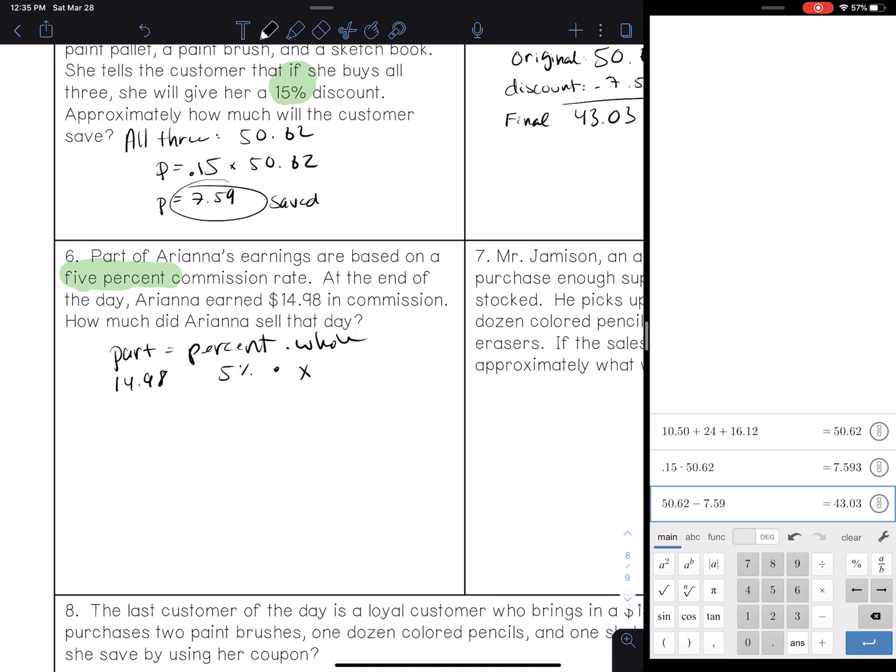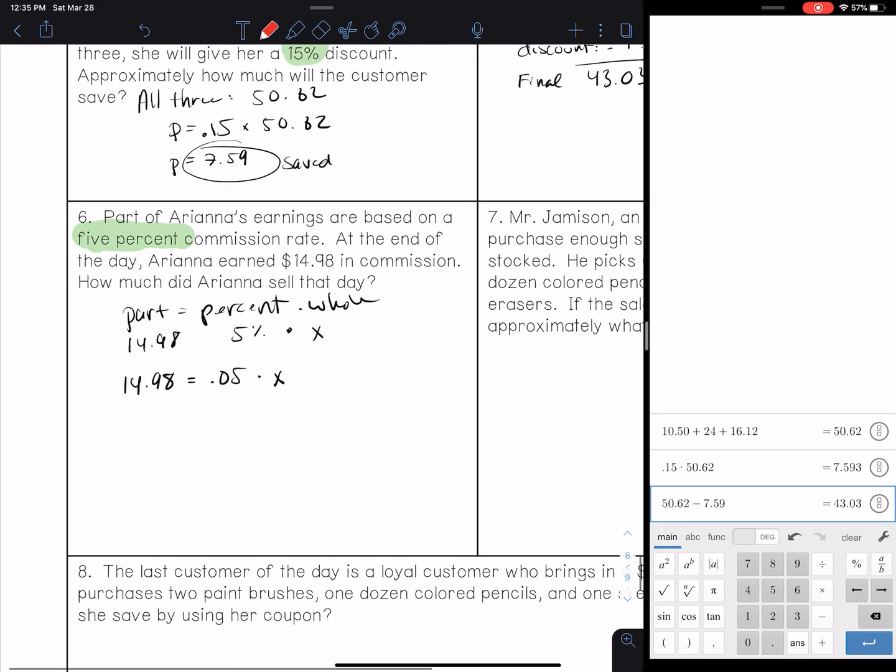Our equation is going to be $14.98 equals 5%, which is 0.05, times the whole, which is x. So there's my equation. How do I get x by itself? How do I solve for x?